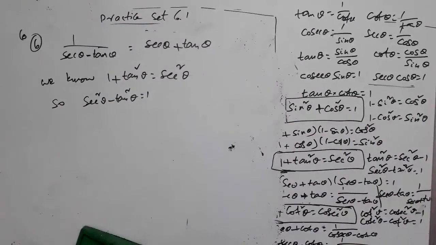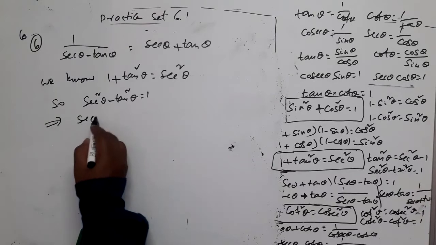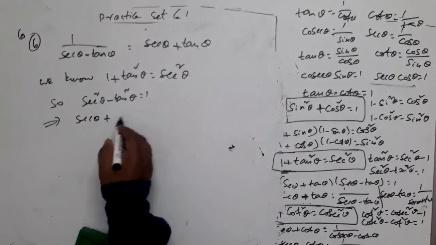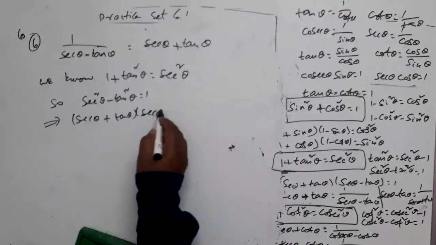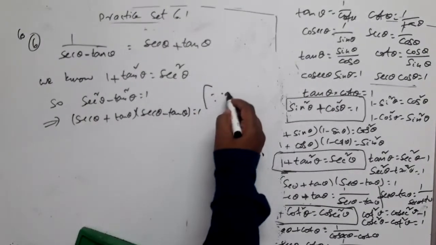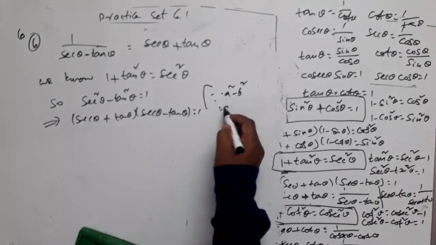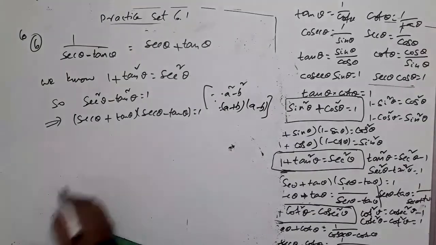Right? This is of the form a square minus b square. So a plus b multiplied by a minus b I can write. So secant theta plus tan theta multiplied by secant theta minus tan theta is equal to 1, because a square minus b square can be written as a plus b multiplied by a minus b.